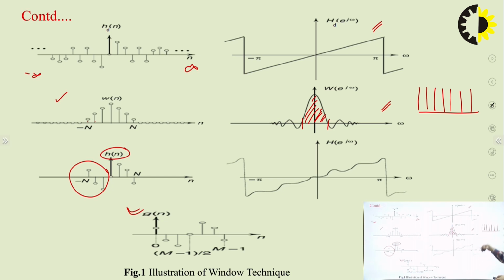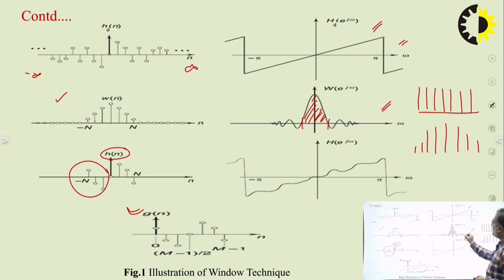So in that case, you can see the frequency response will consist of more side lobes. And if you have a gradual truncation, like if we have a window function like this, you can see the truncation of this infinite duration impulse response is more gradual. So if it becomes more gradual, then in that case, what happens?